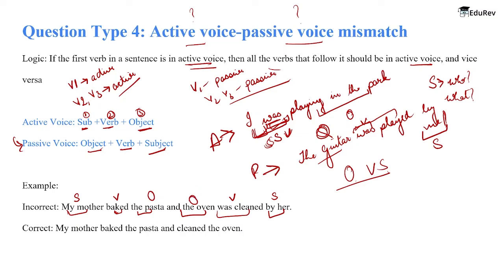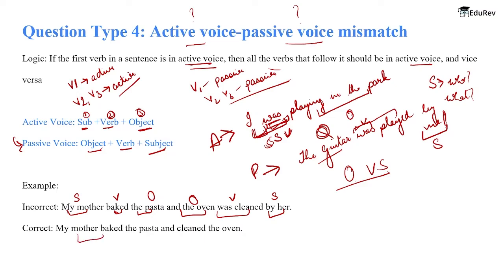We just learned the concept that in a sentence, if the first verb is in the active voice, then all the verbs that follow it should also be in the active voice. So this is the incorrect statement. The correct one would be, my mother baked the pasta and cleaned the oven.